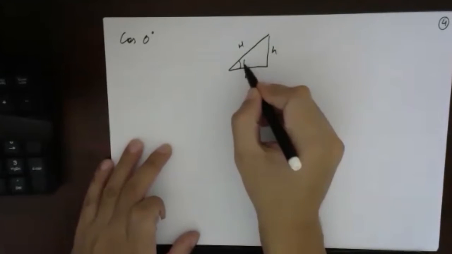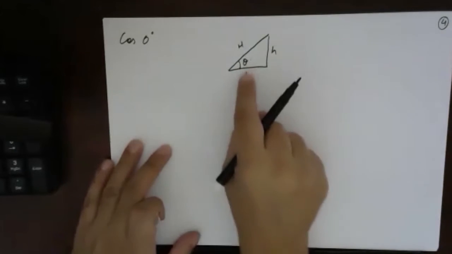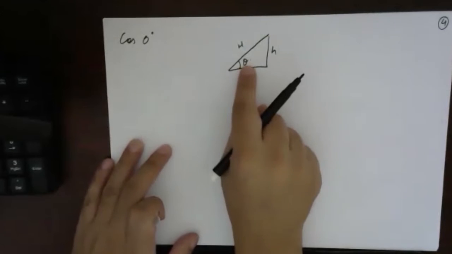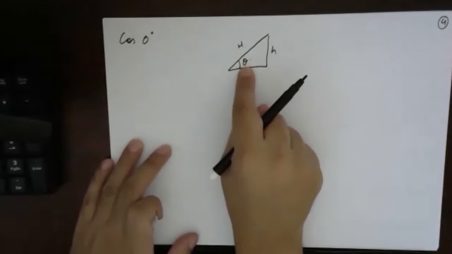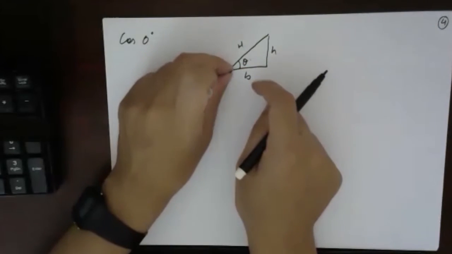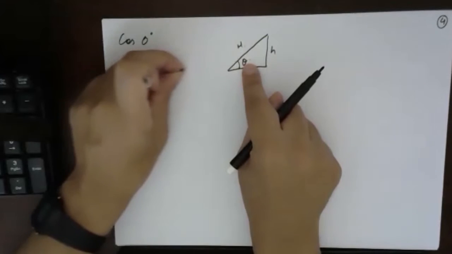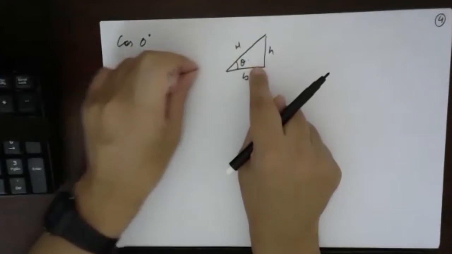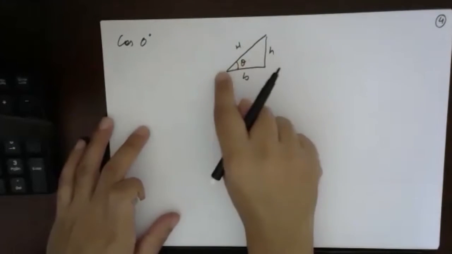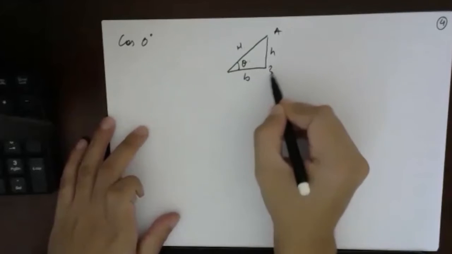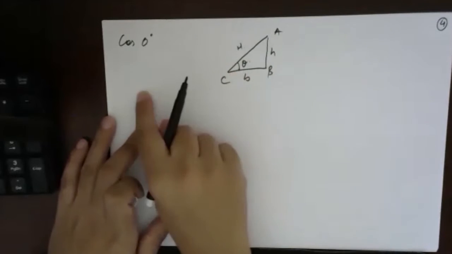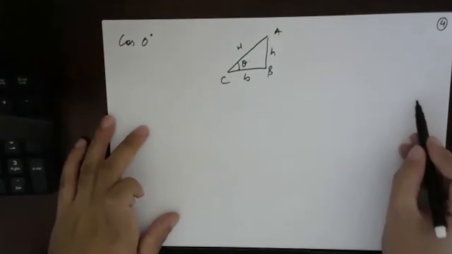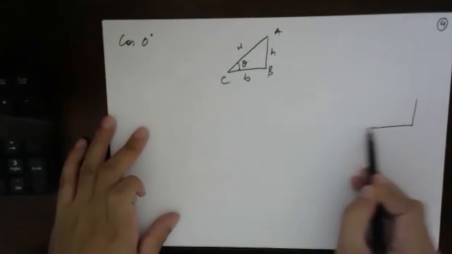Now this is the triangle with angle theta. When theta is becoming 0, that means I'm stretching this part. So when you stretch this part, this is A, this is B, this is C. When this C is moving to infinity, the triangle will be something like this.